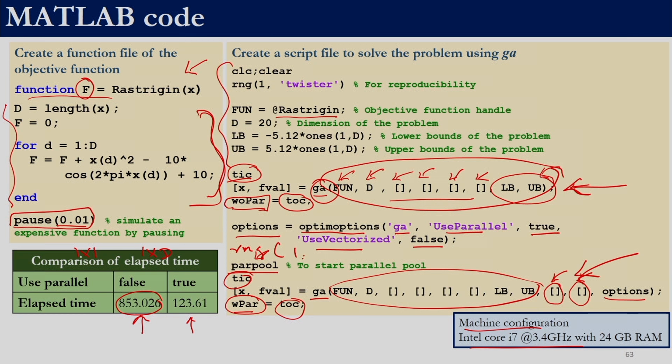So, rng 1 comma twister, right. When MATLAB solves for the second time over here, it will use the same set of random numbers which it used for solving the first time. So, in this case, the x value and the fval value over here as well as the x value and the fval value over here will be identical.